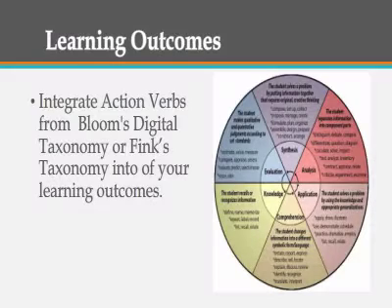I hope that you will be able to integrate action verbs from Bloom's digital taxonomy or Fink's taxonomy into your learning outcomes. And a lot of this lesson is going to be solely focused on learning outcomes and how to write learning outcomes.